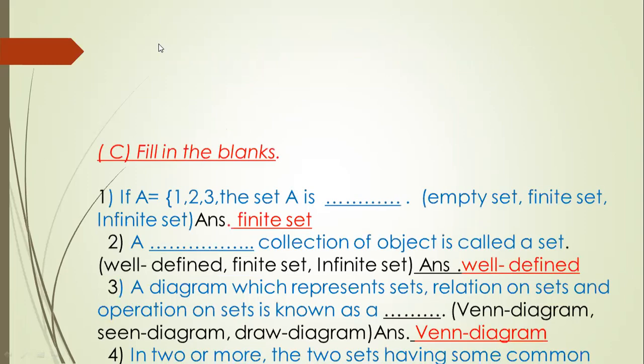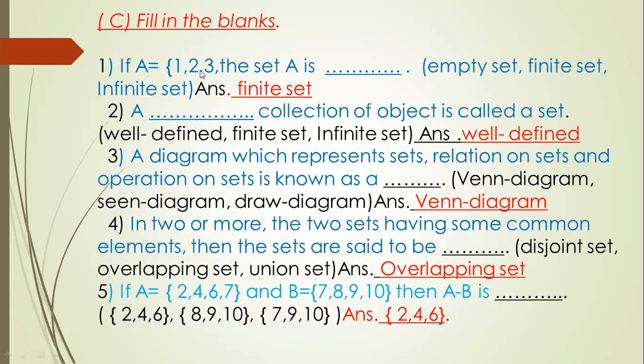This is fill in the blanks. If A equals 1 to 3, then set A is dash: empty set, finite set. It is finite set because there are a finite number of elements. A collection of objects is called a set, as given, well defined.